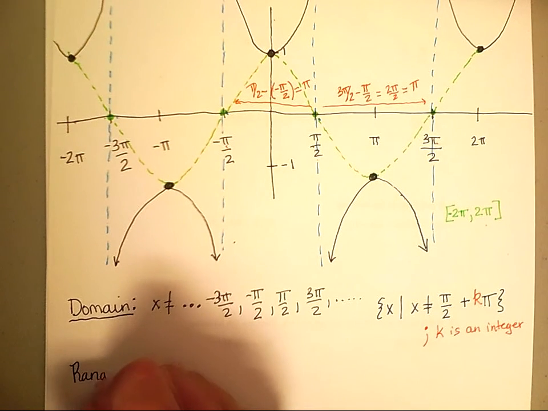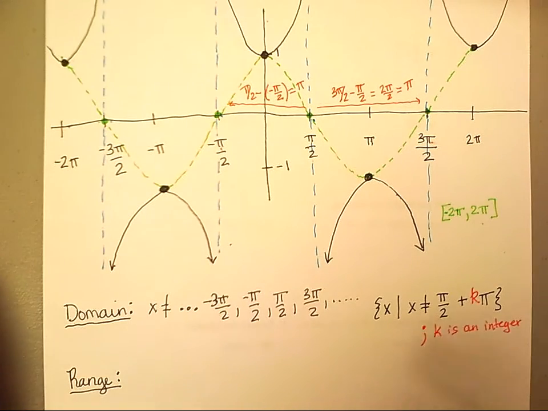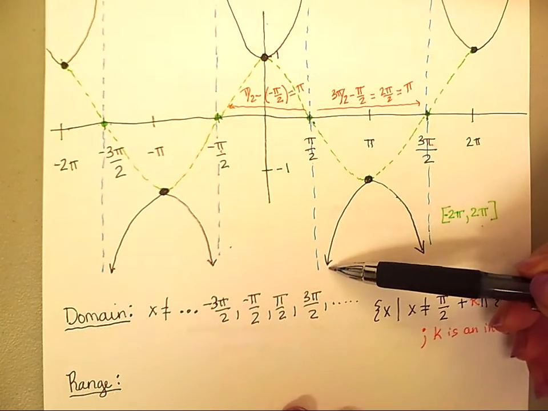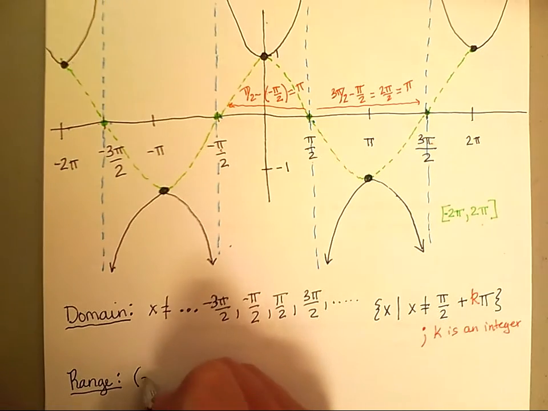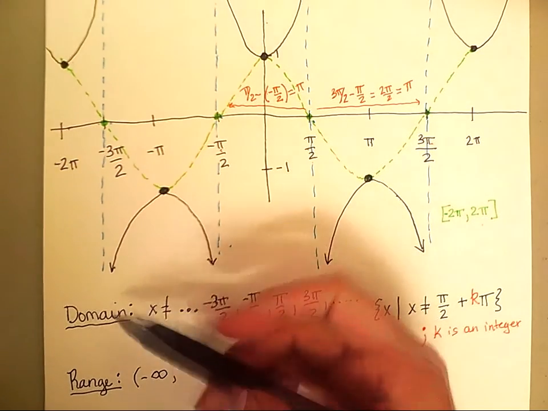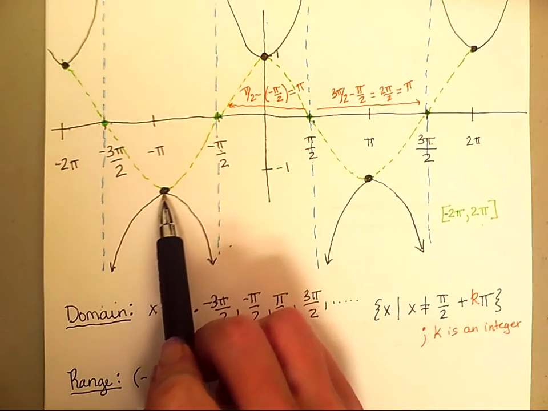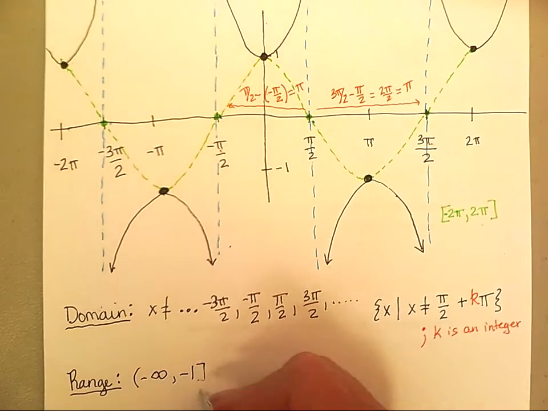Now let's consider the range of secant. Now remember, secant is just in the black. So these arrows indicate that it goes down to negative infinity. And then it will continue all the way up until this point, and this point is negative 1, and it's included.